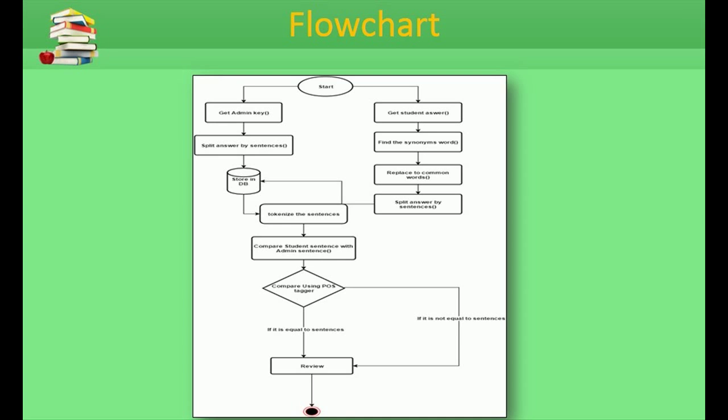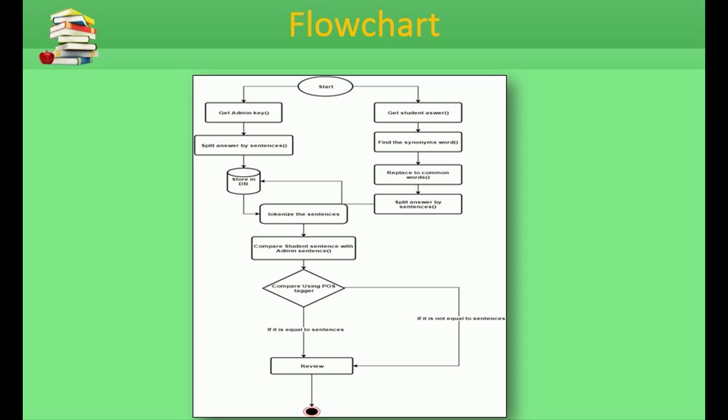When the replacement is completed, again split the whole paragraph into sentences and store them in the database. All these processes are done to do the comparison: get the split sentences from the database, and compare the student sentence with the admin sentence. Then the comparison will be done by using the POS tagger of the NLP toolkit.